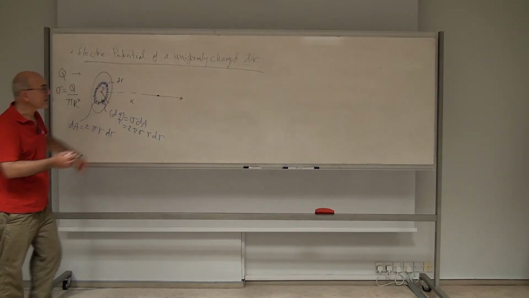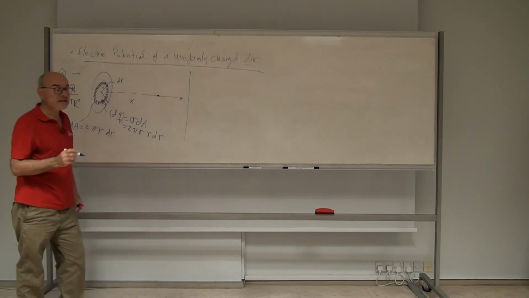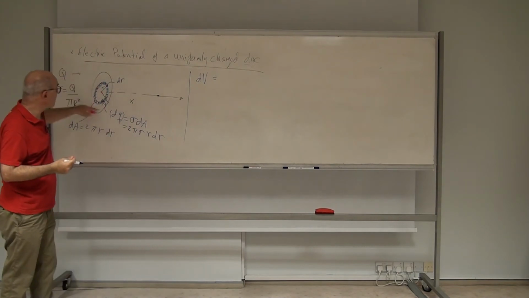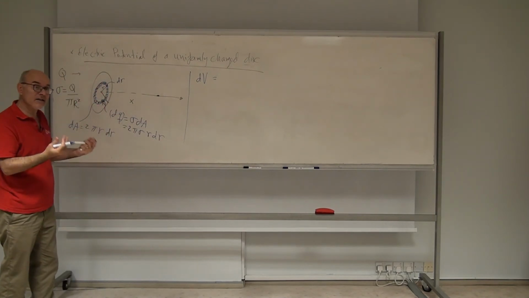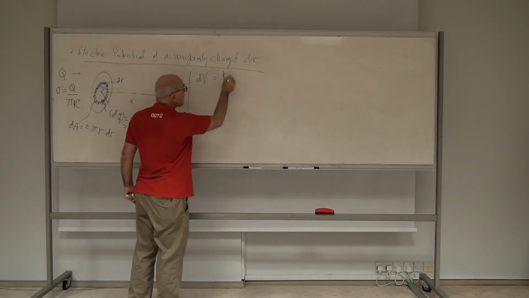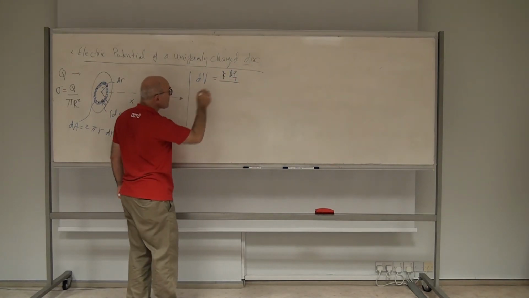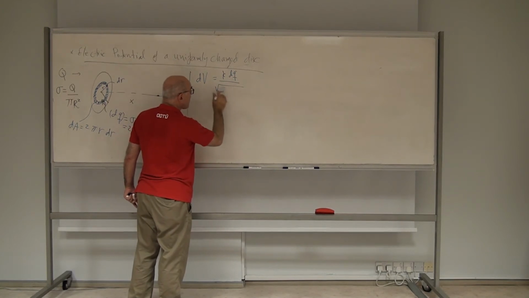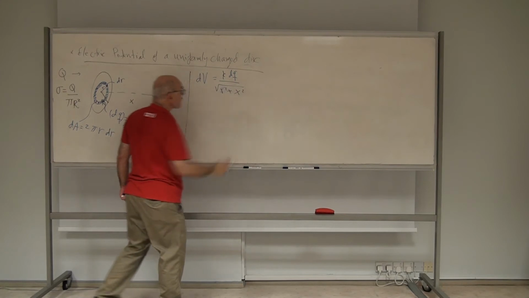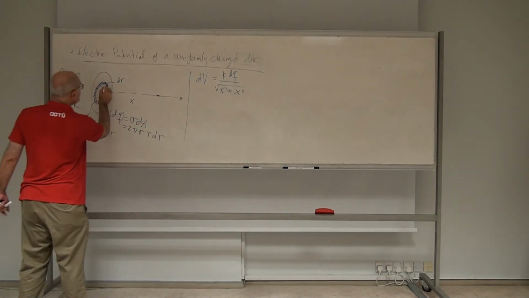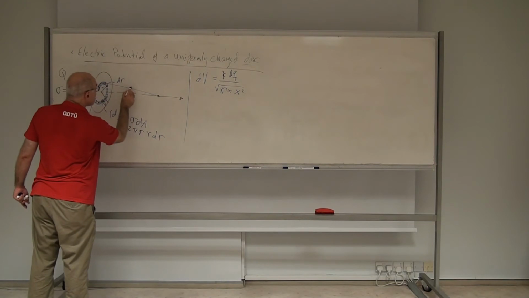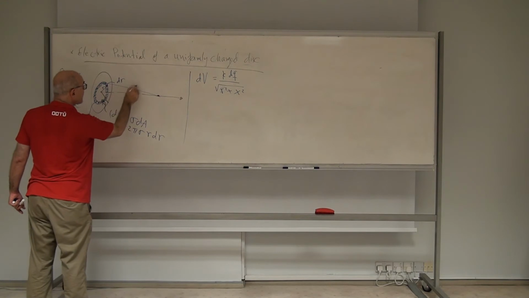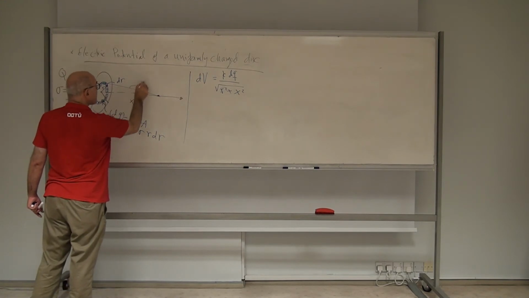To quantify things, let me say that dV, which is the potential due to dq, from our result for the ring, is just k dq over the square root of r squared plus x squared. It is this length here, if you want to call it, for example, r prime.